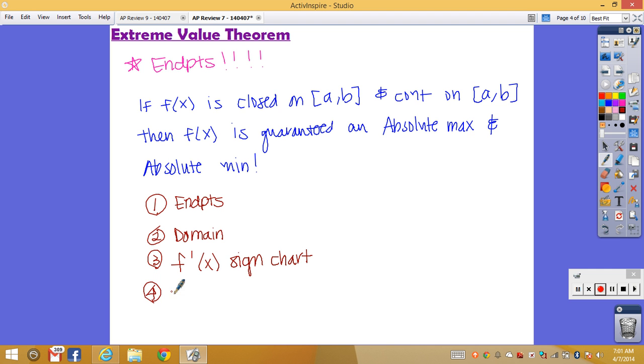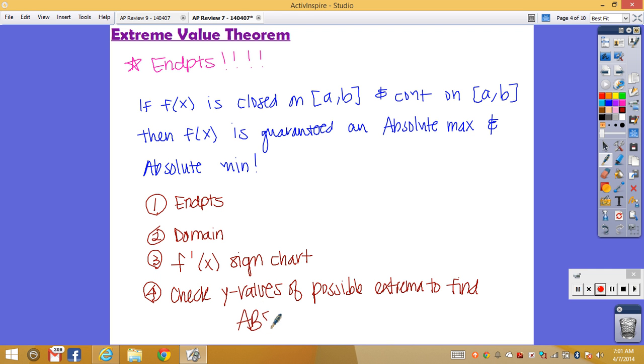And number 4, check y values of possible extrema to find absolutes. All right.